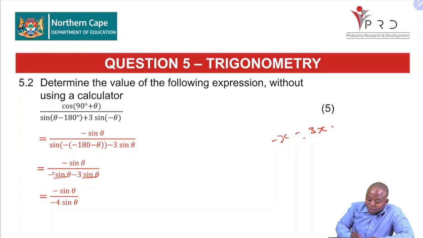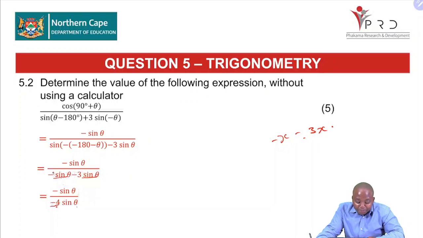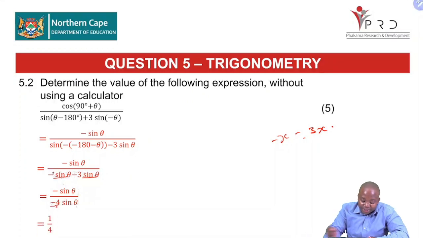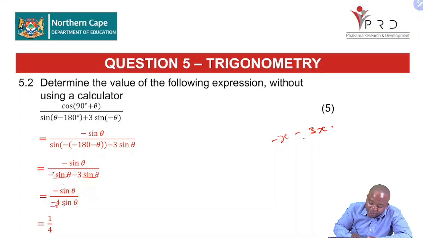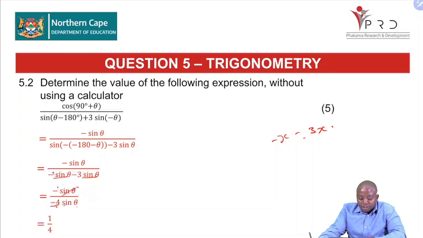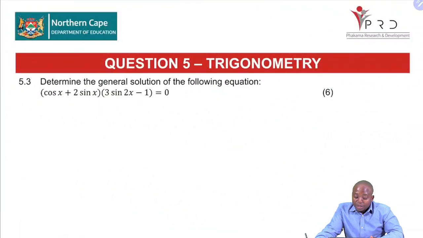Those are like terms. So it is negative 1, negative 3, negative 4 sine theta all over, and on top is 3 sine theta. The sine theta and sine theta will divide out. Then negative 1 over negative 4 is 1 over 4. The negative and negative will also divide out. So that is all about that question.